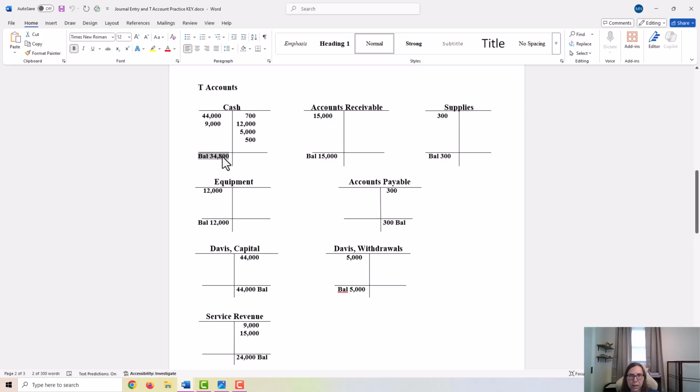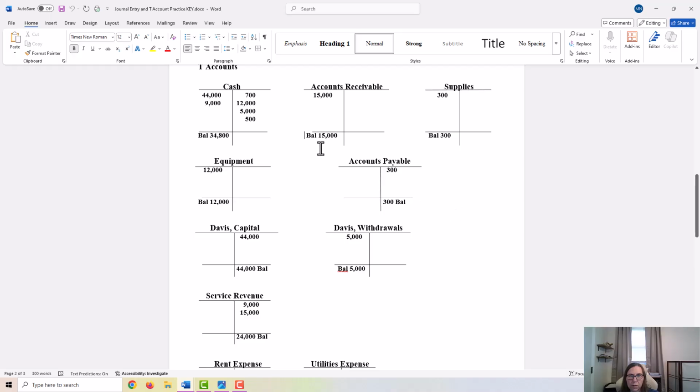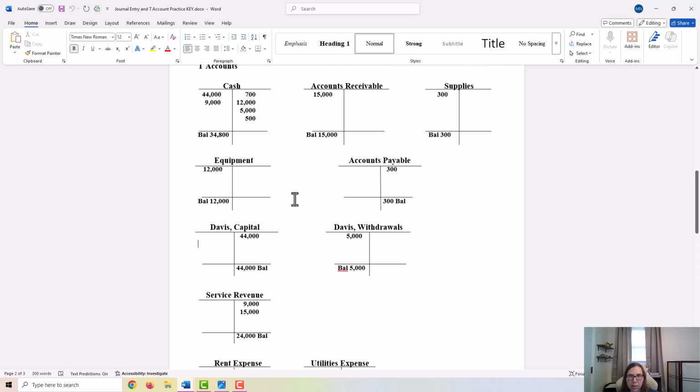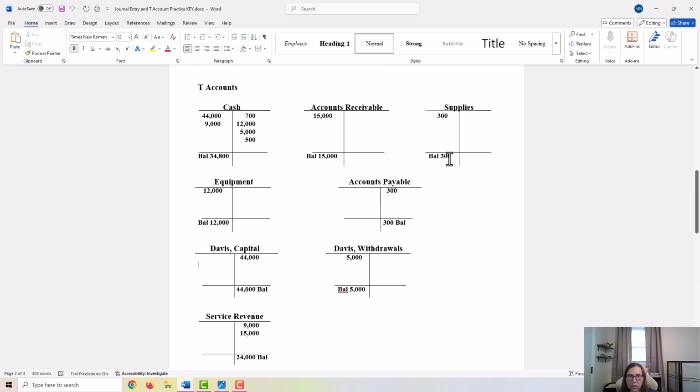So the $34,800 is the difference between the debits and credits. And then the rest of these accounts only had one number except for service revenue that had two credits, which I added together. But otherwise, the balance in all of these other accounts are simply the amount of that one entry that was in that account.